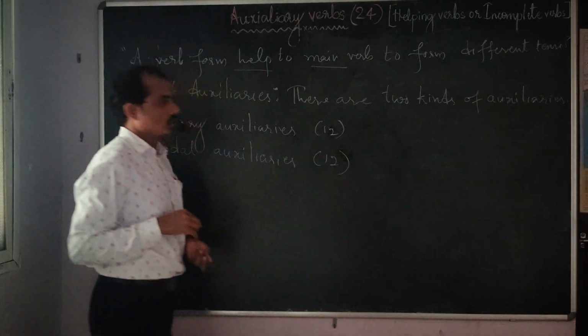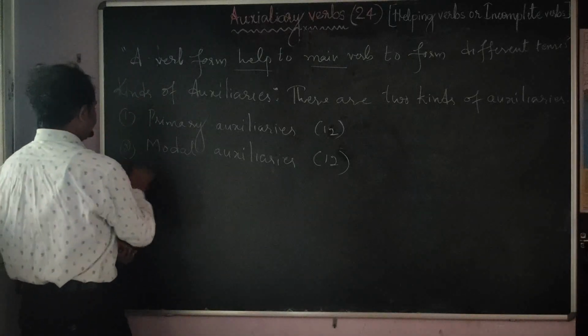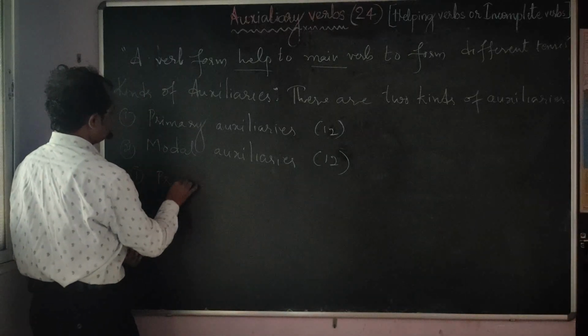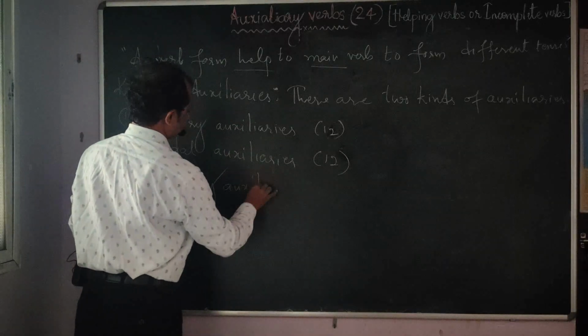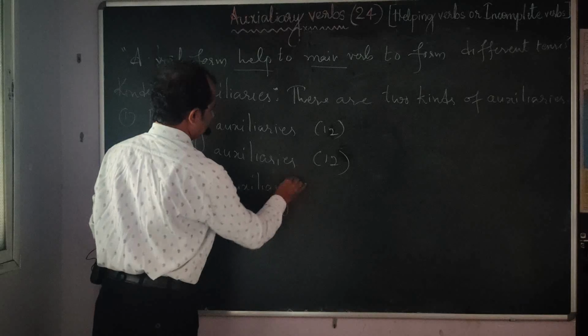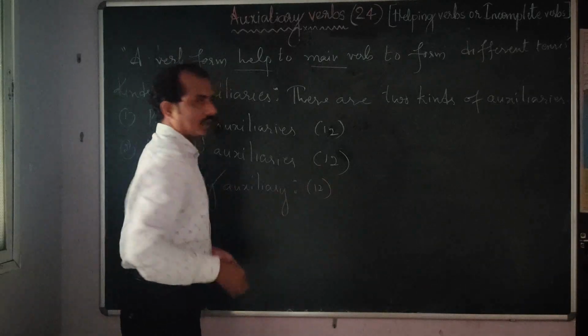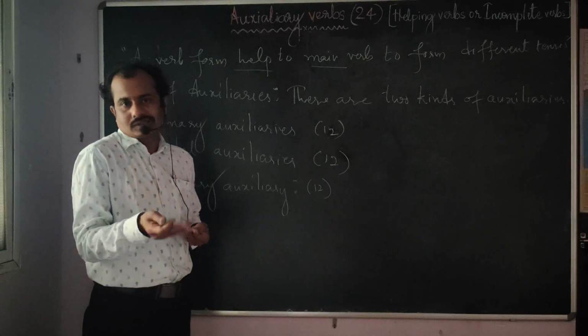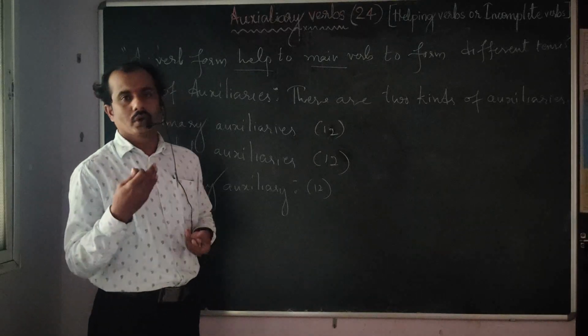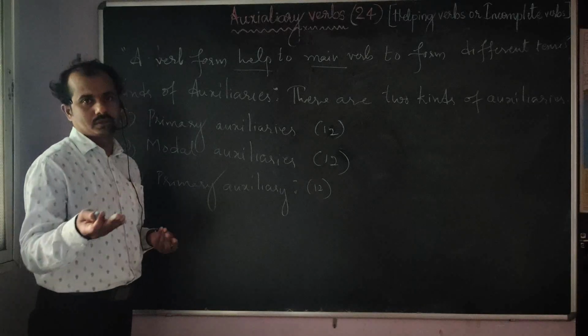So first, what are primary auxiliaries? Primary auxiliaries means a verb form that helps the main verb to form different tenses, to form interrogative sentences, and to form negative sentences.